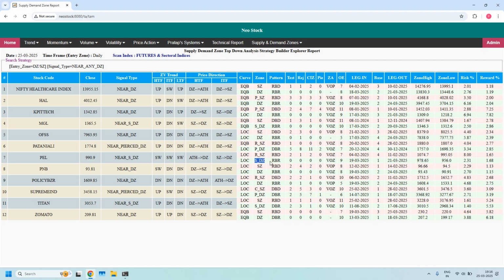PEL is having a daily high liquidity demand zone. Titan is having a high liquidity daily demand zone. So total we identified 3 high liquidity daily demand zones from this list.